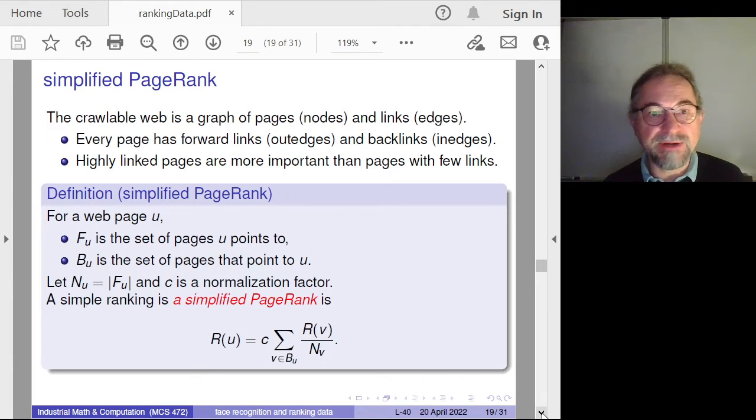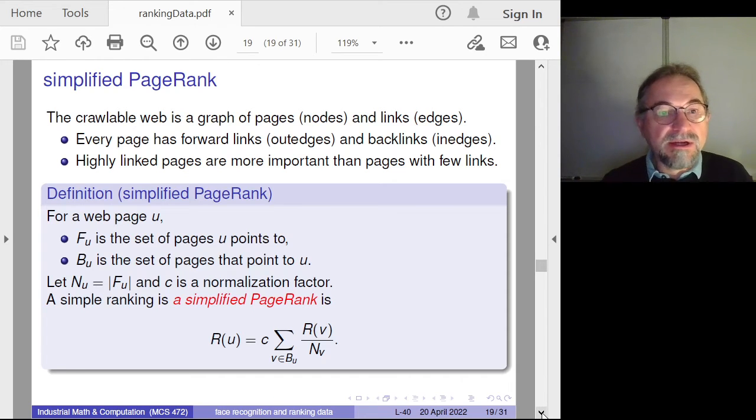Okay, so then for every web page, one collects the set of the pages that page is pointing to, and one also collects the set of the backlinks, the nodes that point to it. So the notation capital F refers to the forward links, all the pages that the page U is pointing to, and capital B is for the backlinks.